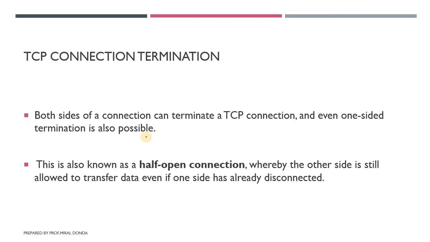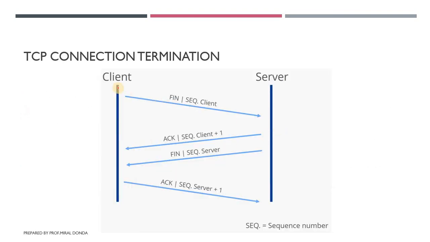So let's understand how connection termination happens in TCP. The client sends the final segment, called FIN, to the server. Now the server received the FIN segment, so it replies with the acknowledgement and the sequence number +1.